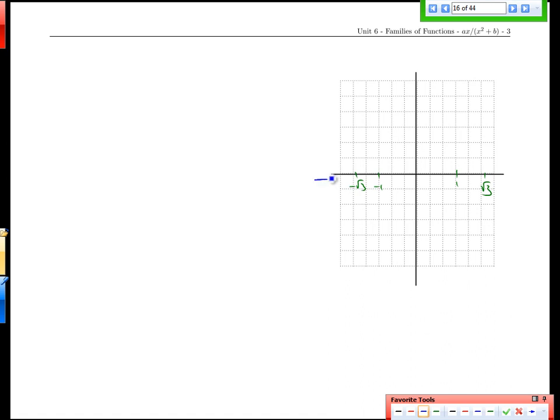And we had our canonical graph here: concavity changed at negative root 3, slope changed at negative 1, slope changed at 1, and then concavity changed at root 3 there. This was the graph of f of x equals a x over x squared plus 1 if a equals 1.